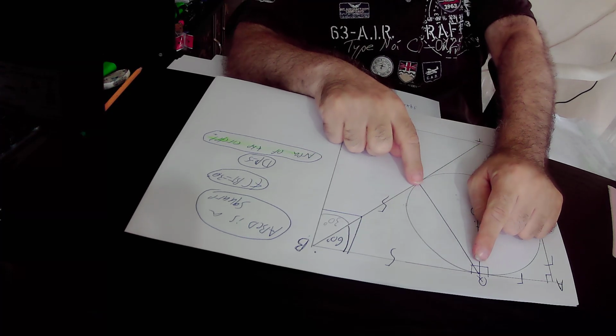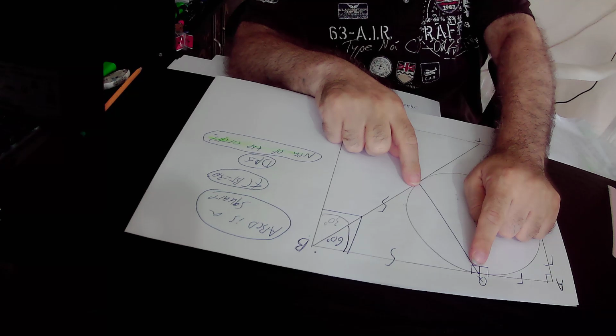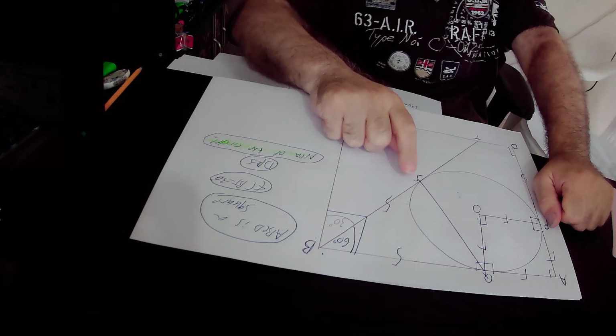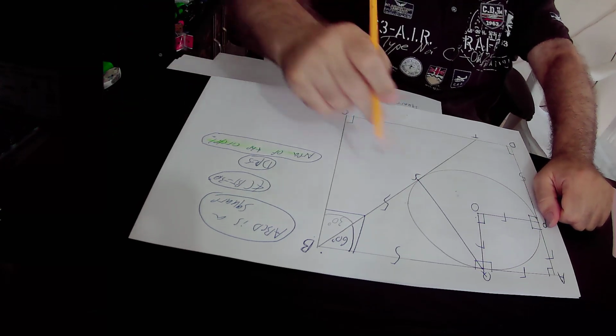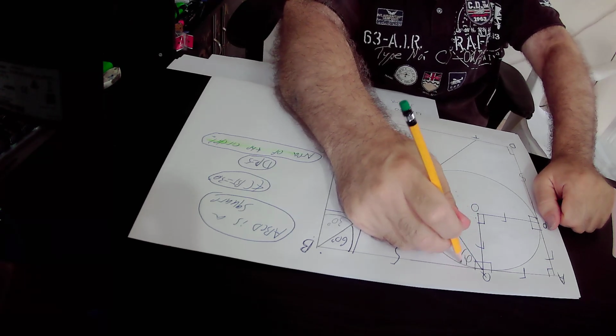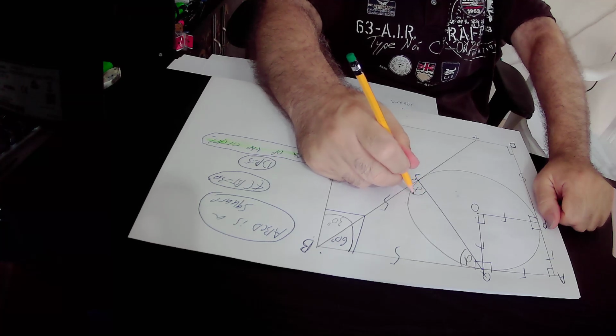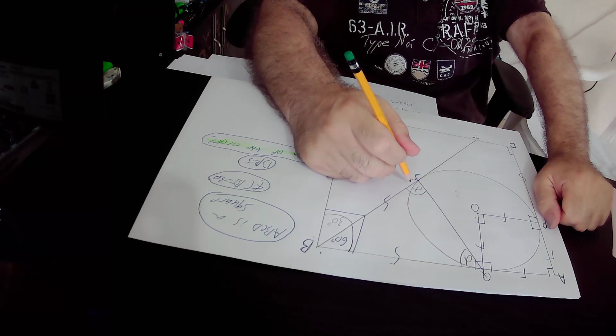So those two angles that are located in front of the equal sides must be equal to each other. So if we define this angle as alpha, then this angle must also be equal to alpha.